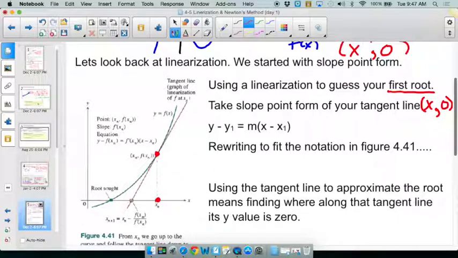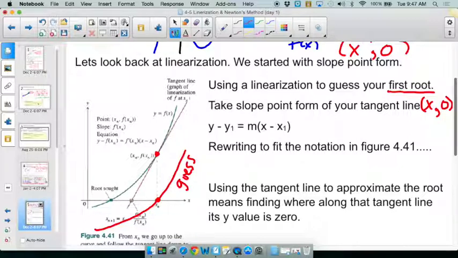I'm going to guess that it's a root. Is that point a root? No, really it isn't. It's my guess, which means I think this function is actually way down here and crossing here. And that's okay, because this is just going to be a guess. And that guess is going to be self-correcting, which is really nice in this process.